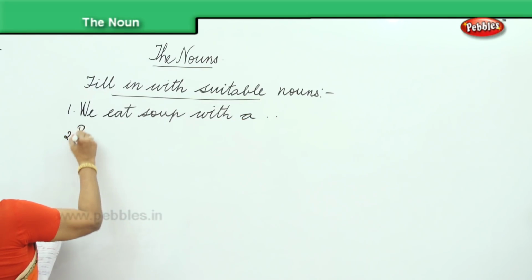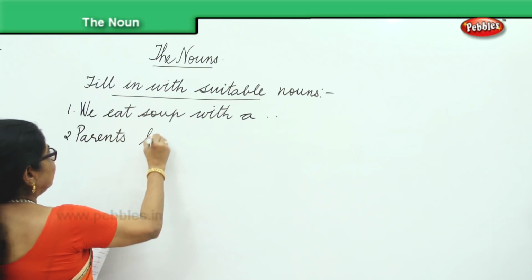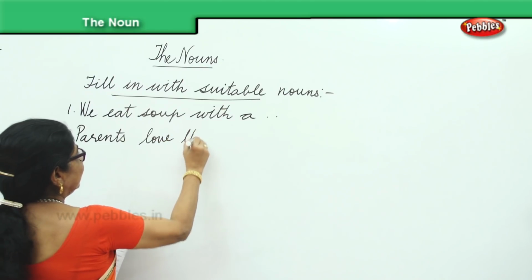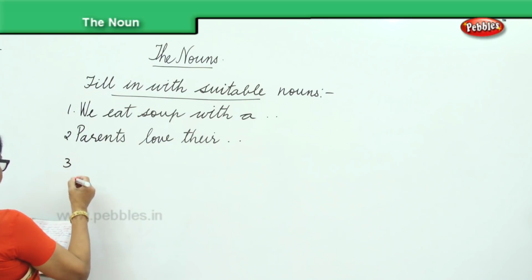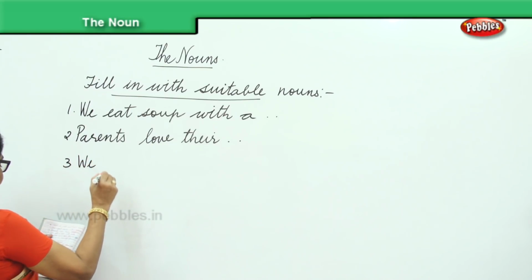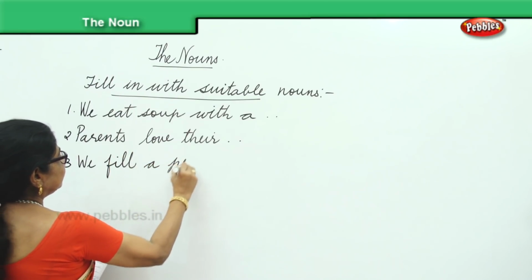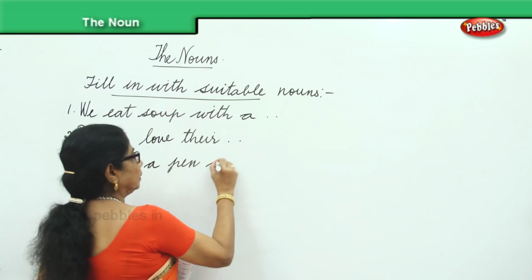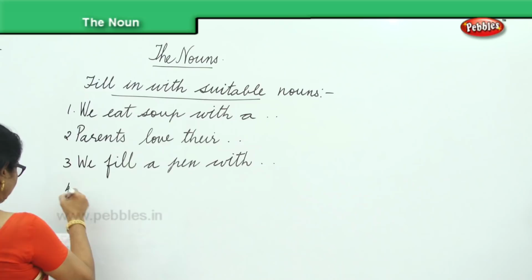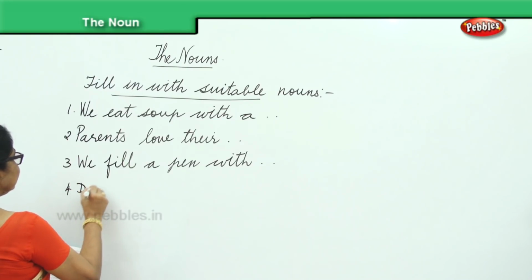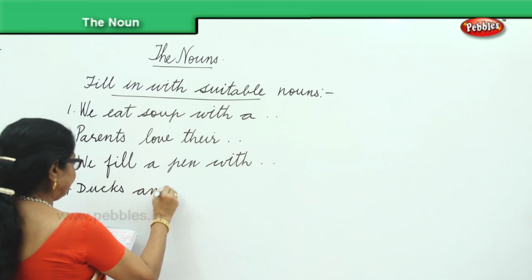Next, parents love their, you can put in anything there. Next, we fill a pen with. Ducks and dash.